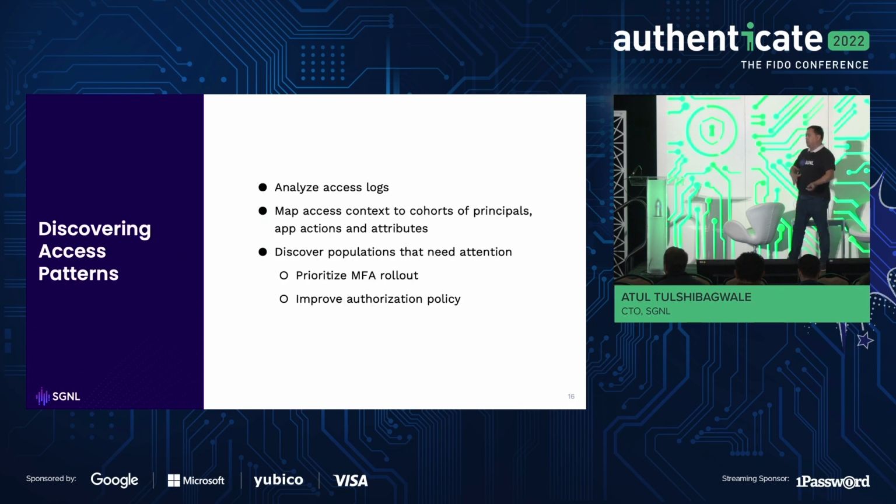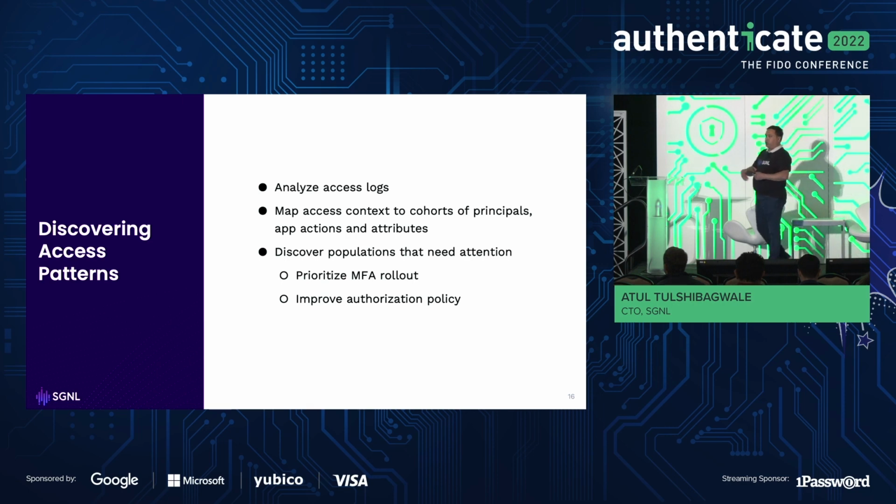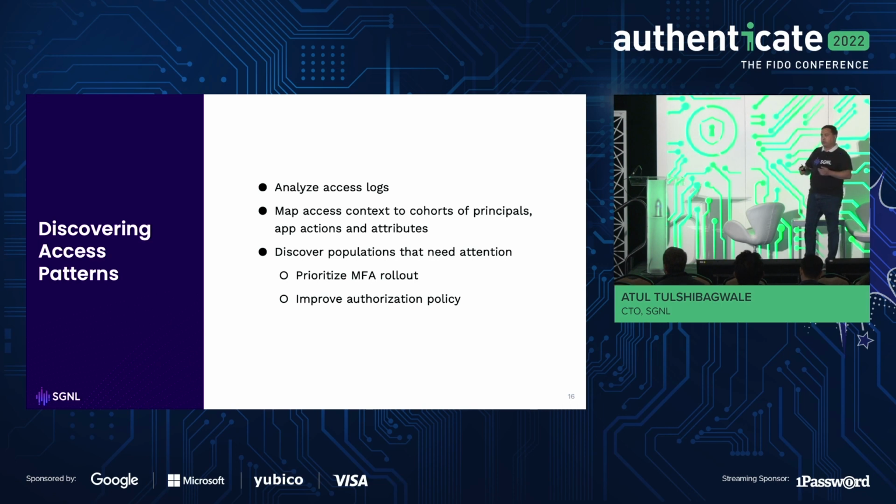And so now let's take this to the practical question of how you actually do this in your enterprise. Because you have maybe hundreds or maybe thousands of applications, right? They may be 3P SaaS apps, they may be internally developed apps, and there may be infrastructure level access that you're trying to control. But what you can do is, based on log analysis, identify the cohorts that you need to protect, right? And then based on that, you can apply the access control just for those applications.